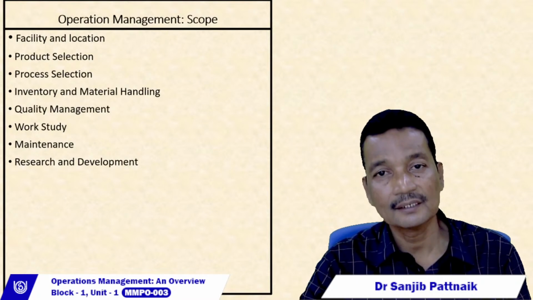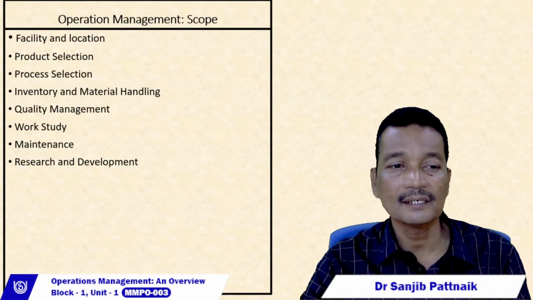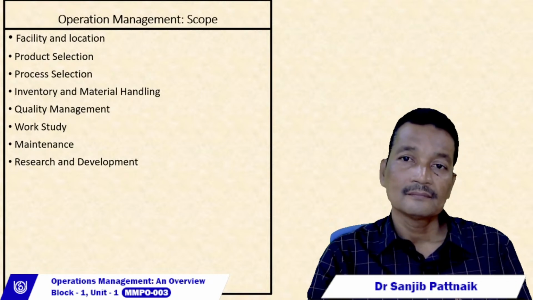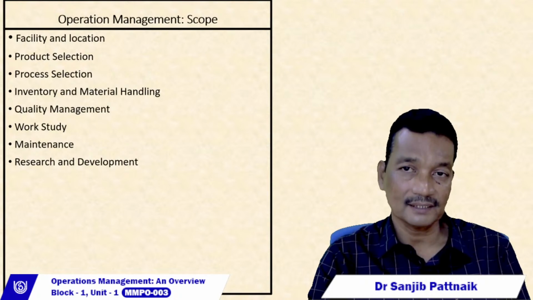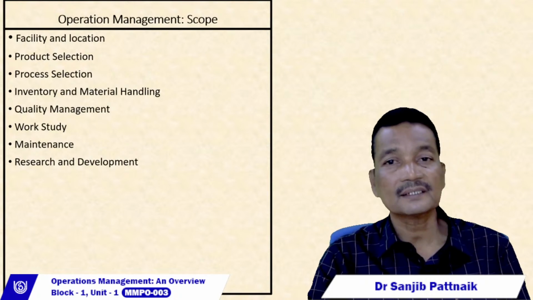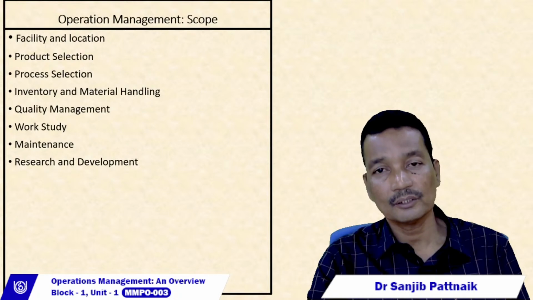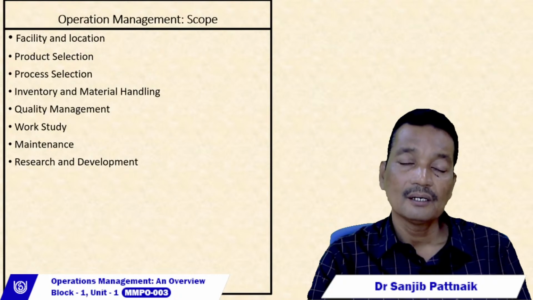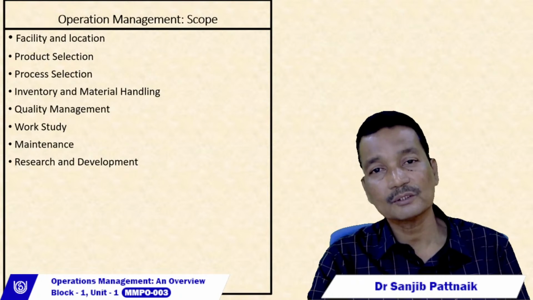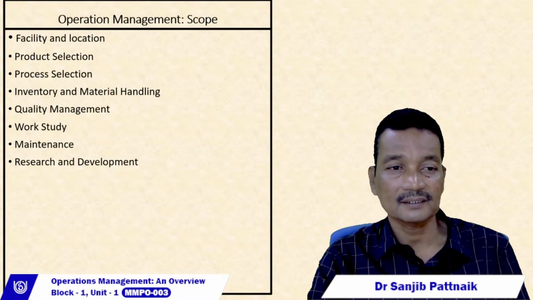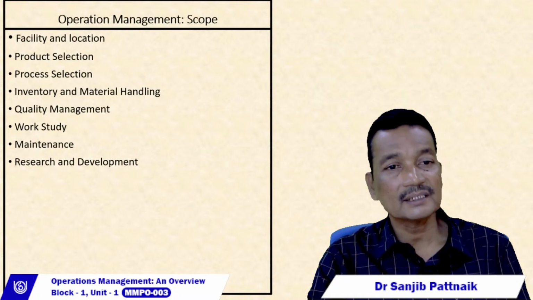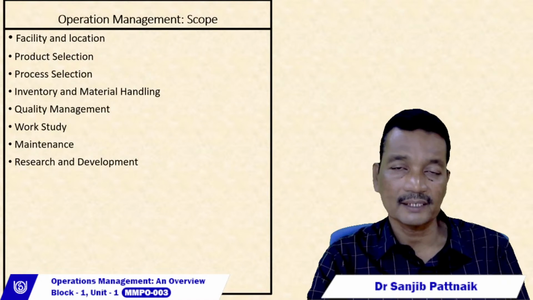Apart from that, we also have material handling. That means how the materials are moved inside the facilities. That means starting from the supplier to the inventory godowns, that means raw material godowns, to the processing area. Then finally, the outputs are to be stored and moved on to the marketplace. So, this has to be carefully looked at.